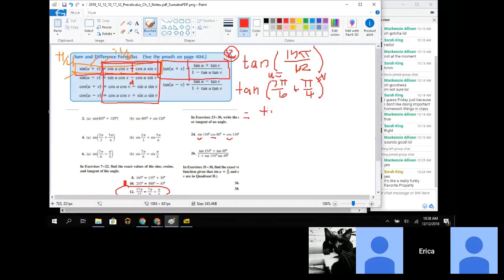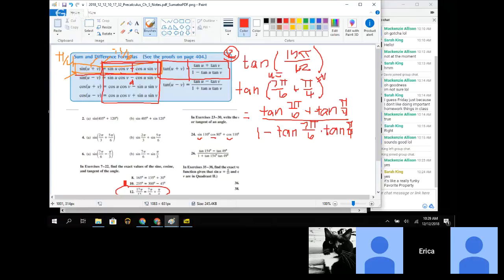So it's going to be the tangent of 7 pi over 6 plus the tangent of pi over 4 divided by 1 minus the tangent of 7 pi over 6 times the tangent of pi over 4. So again, it's just another plug-in, but it's not as pretty of a plug-in, right?